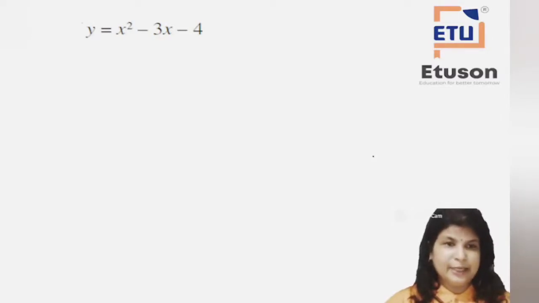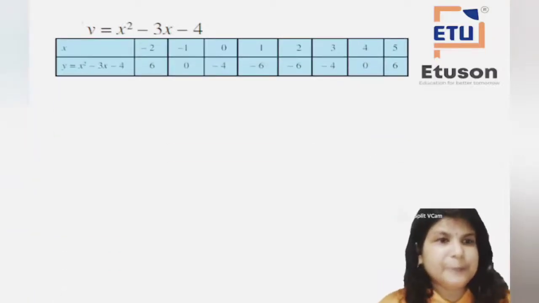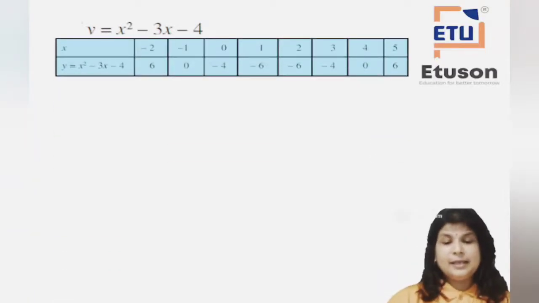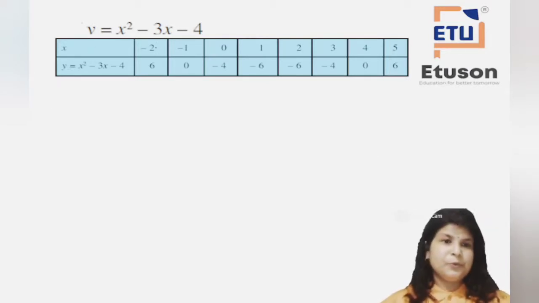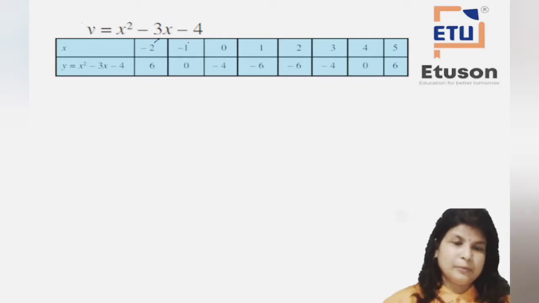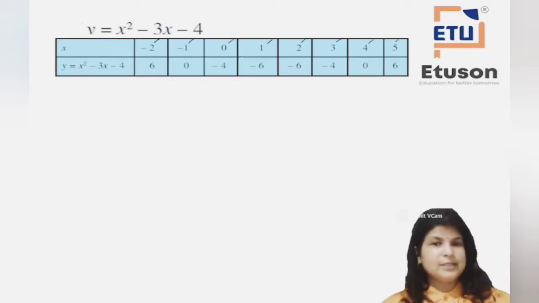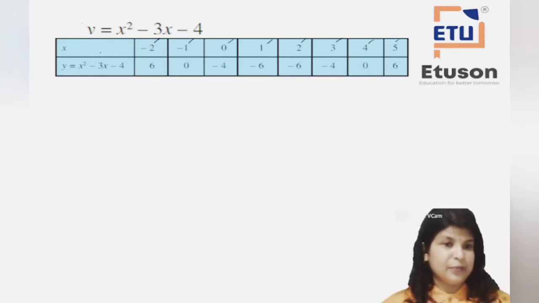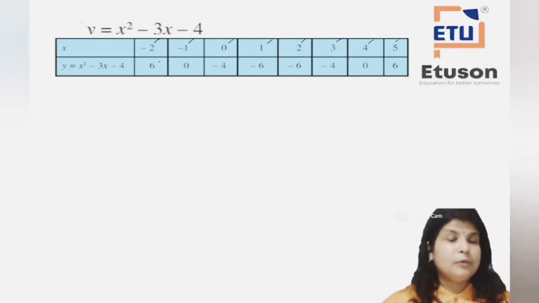I have taken different values of x: minus 2, minus 1, 0, 1, 2, 3, 4, 5. For each value of x I have found out the value of y, that is x square minus 3x minus 4.